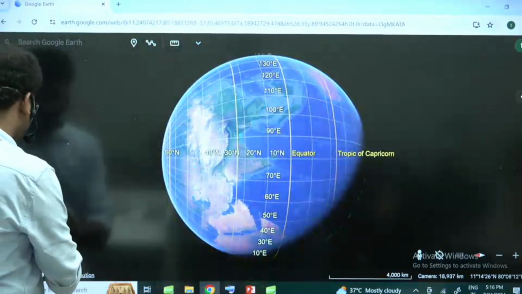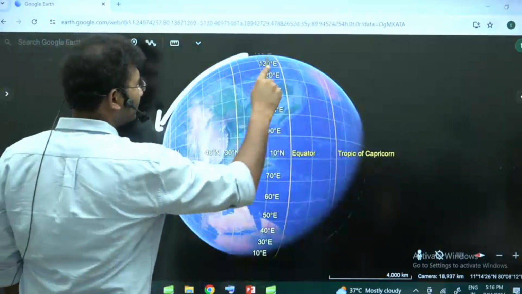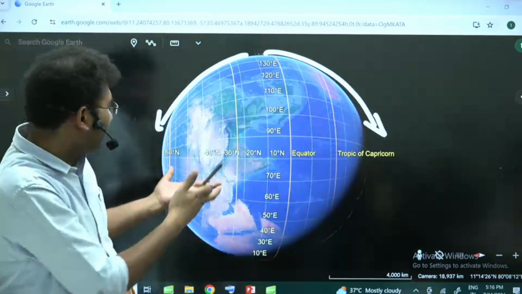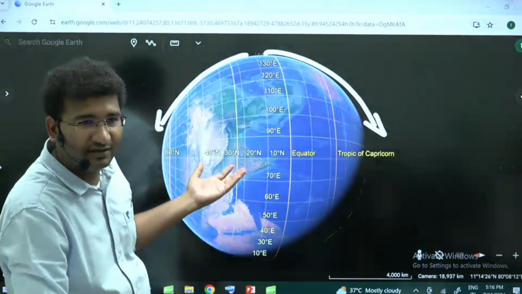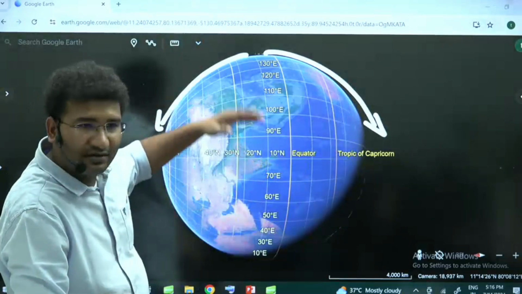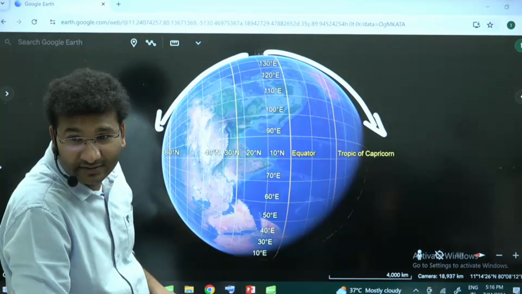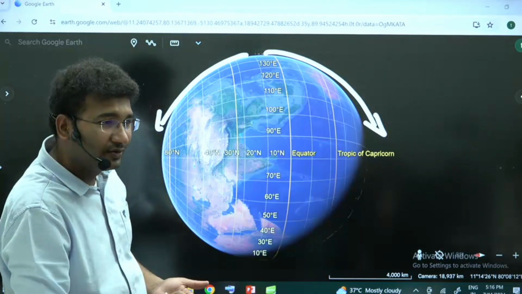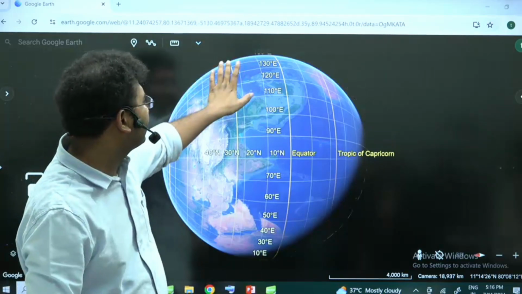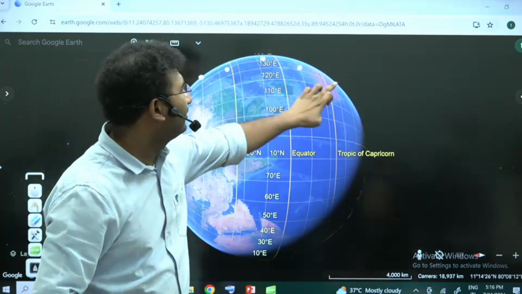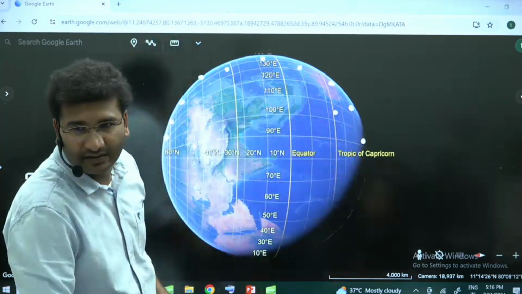Don't you think that the water should be moving towards the poles? If I am looking at the earth from a different side, don't you think that the water should be moving towards the poles? But ऐसा हो रहा है? नहीं हो रहा है. क्यों? क्योंकि every water which is present, if these are water molecules, each and every molecule will experience gravity, right?